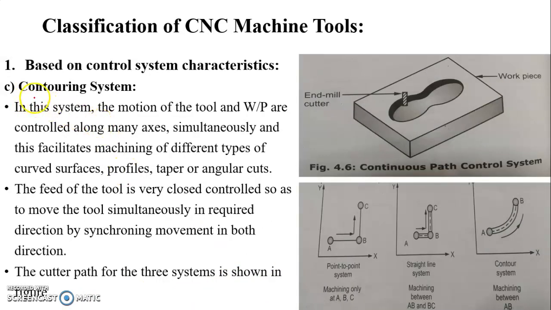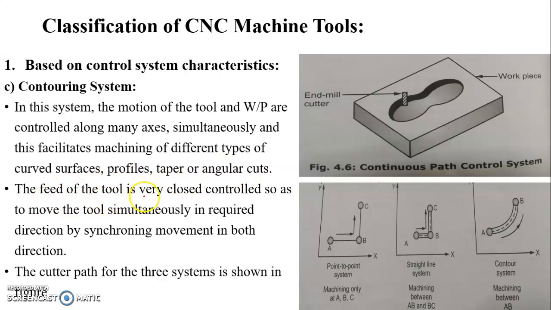Next is the contouring system. In this system, the motion of the tool and workpiece are controlled along many axes simultaneously, and this facilitates machining of different types of curved surfaces, profiles, taper and angular cuts.